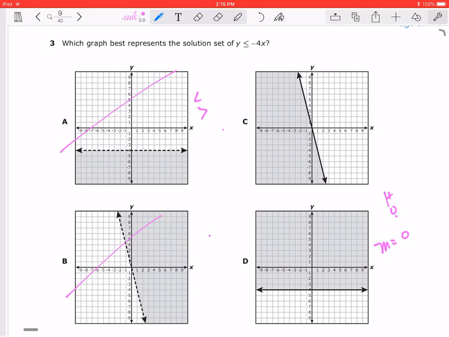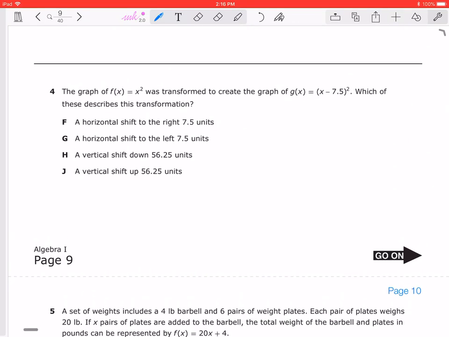Because if we remember, we have VUX: vertical, undefined, horizontal, 0 slope, y-axis, x-axis. Since this is a horizontal line, I know that's going to be a 0 slope. This one has a slope of negative 4, okay? In slope-intercept form, y is equal to mx plus b, our b value is 0, not our slope. So our answer choice is C.